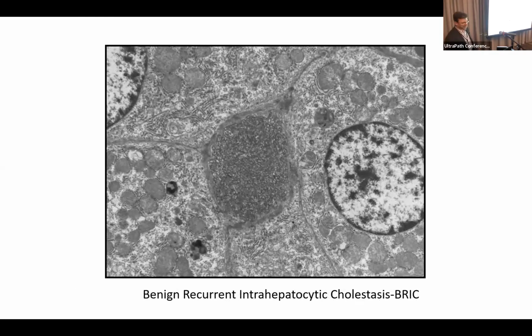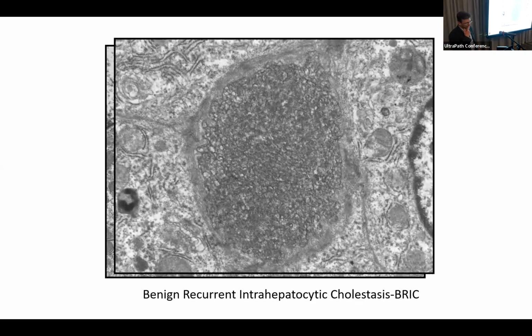However, we've learned it's not completely specific. Another disease, benign recurrent intrahepatic cholestasis, or BRIC, results from a mutation in the same gene that causes PFIC1, but this is a much more benign disease process with similar bile morphology.